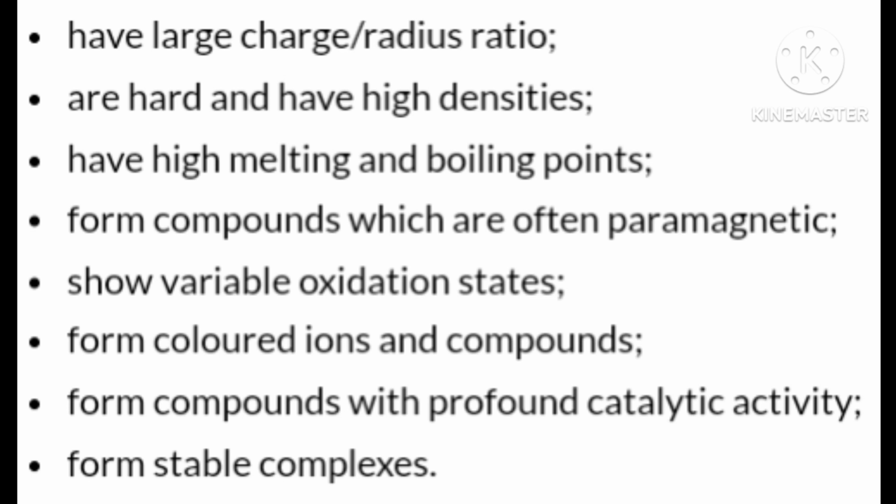The first series has a lower melting point than the second series, meaning zirconium, niobium, molybdenum, technetium, ruthenium, rhodium and silver. These have a higher melting point than the first series, and the third series has the highest melting point, meaning hafnium, tantalum, tungsten, rhenium, osmium, iridium, platinum, gold.